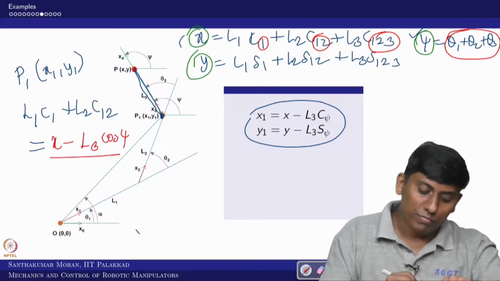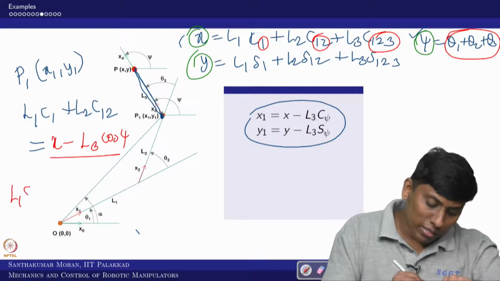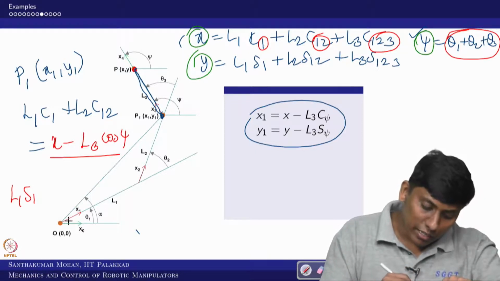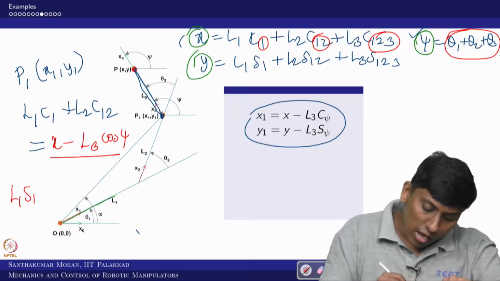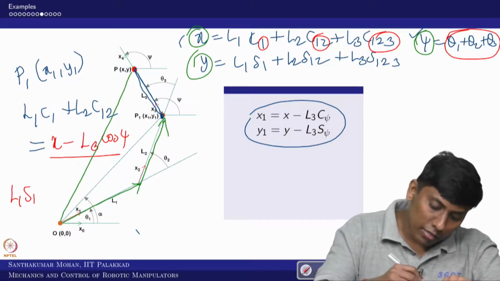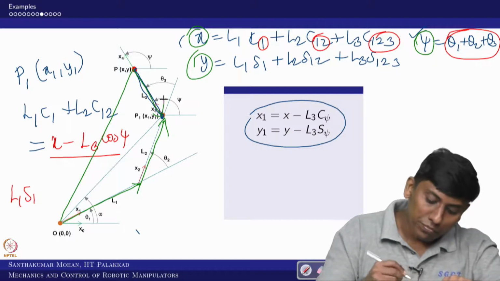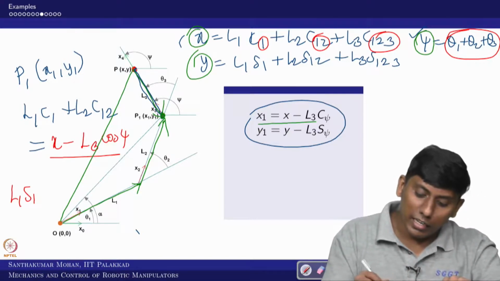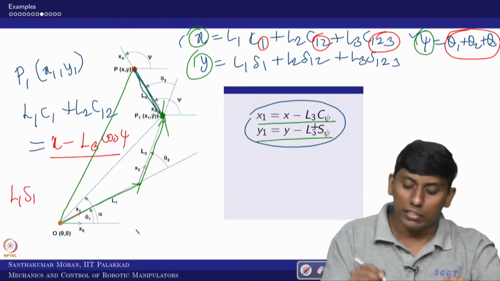Similarly, for L1 S1, this vector is equivalent to going this way by vector addition, or going that way. Both represent the same thing, so I can write x1 and y1 in this form.